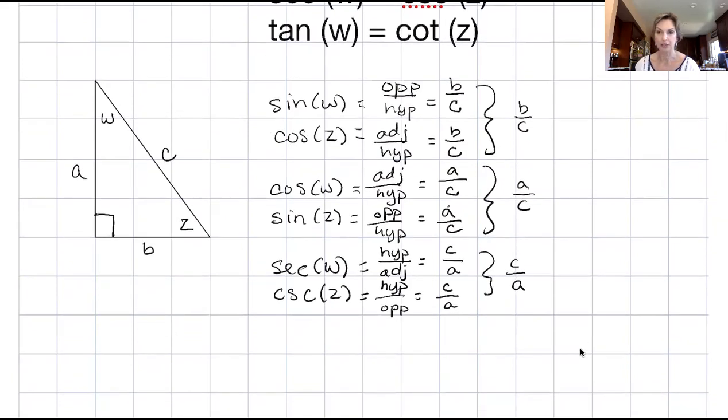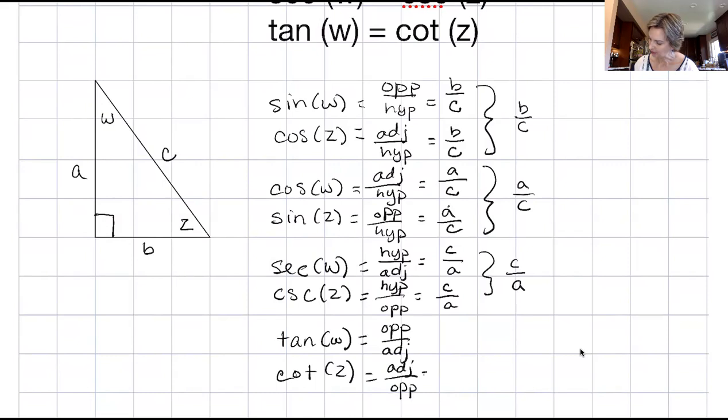Okay, and tangent and cotangent, right? So now we're looking at tangent of W and cotangent of Z. Is tangent of one angle equal to the cotangent of the complementary angle? Okay? Tangent is opposite over adjacent. Cotangent is adjacent over opposite.